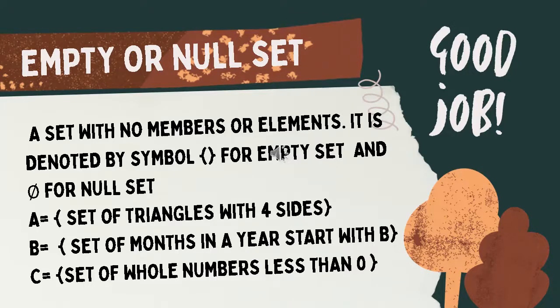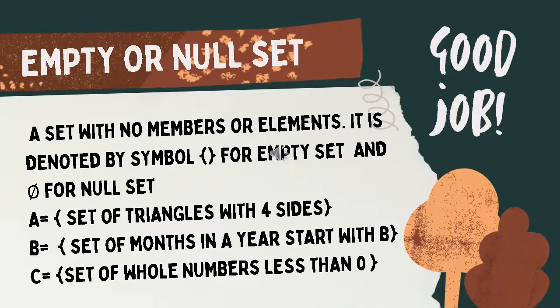Okay, for set B, set of months in a year start with B. Okay, so this is empty set. Meron ba tayong months that starts with B? Okay, so none. Okay, so this is an empty set. And set C, set of whole numbers less than 0.